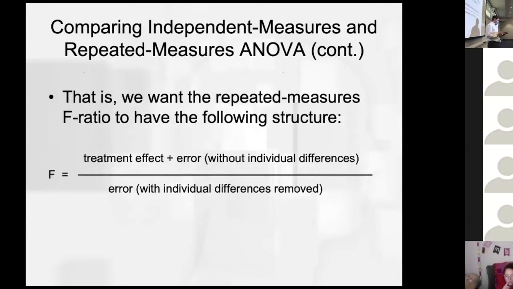So what does that look like? We are looking at the treatment effect, per usual, in that numerator, plus any residual error that is not a function of those individual differences, divided by that remaining error with those individual differences removed.